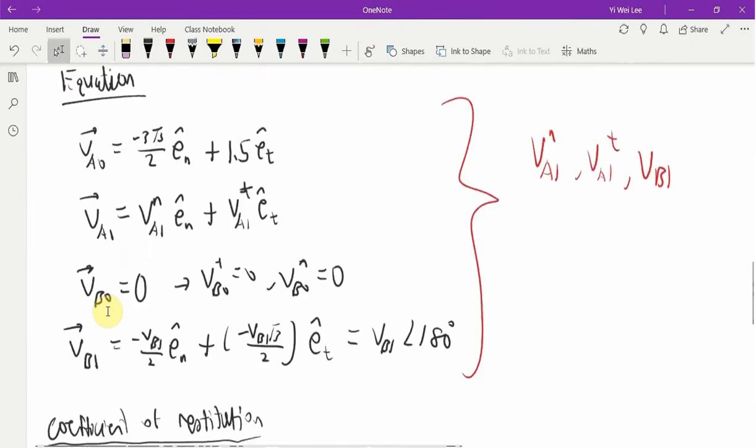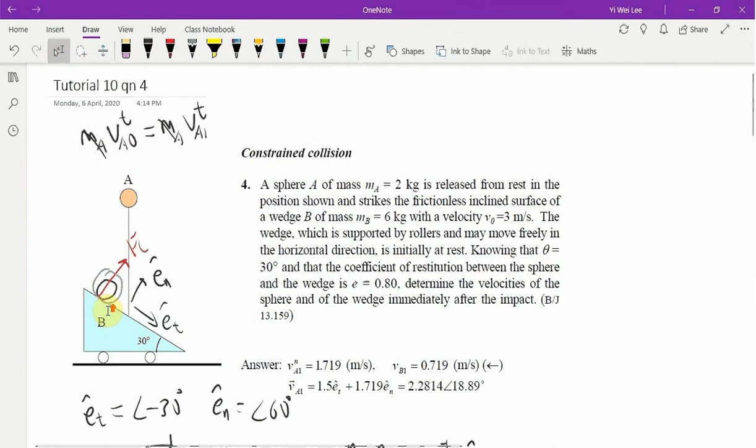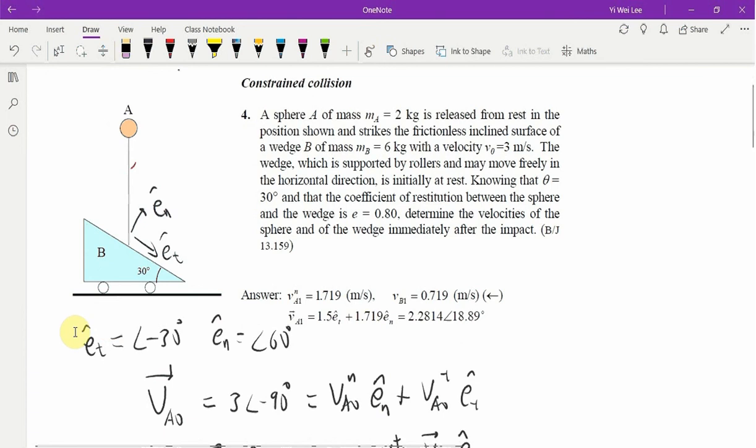Now, the second equation, the second conservation of linear momentum equation, can be obtained if we take both A and B as a system. We take everything as a system.